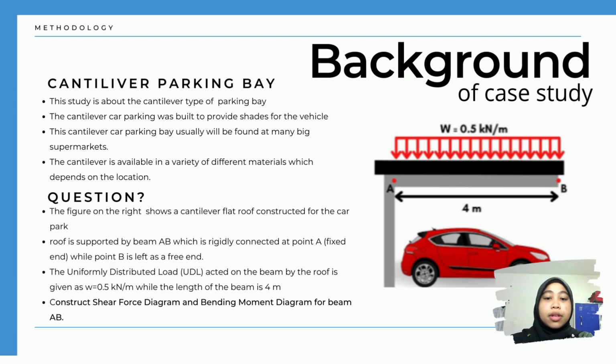The uniformly distributed load acting on the beam from the roof is given as 0.5 kN per meter, while the length of the beam is 4 meters. Based on the information given, we construct the shear force diagram and the bending moment diagram for beam AB.